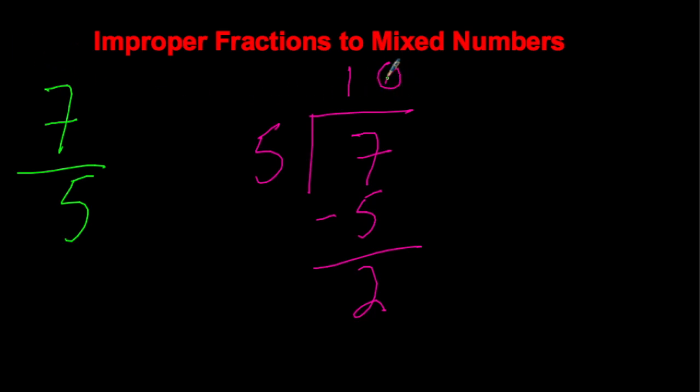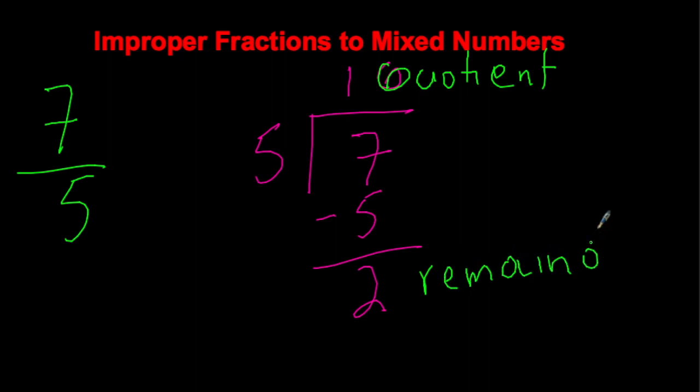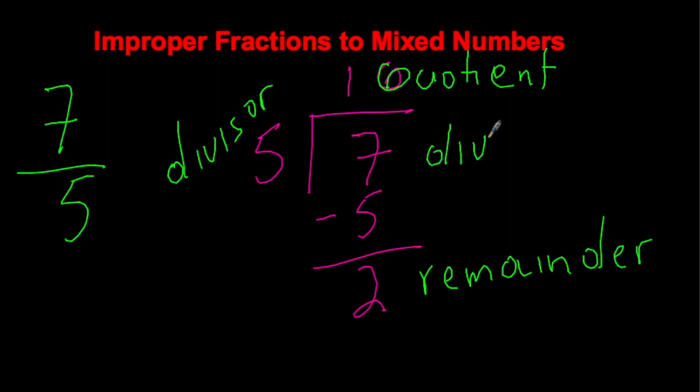Let's change the color. This number is the quotient. This is the remainder. And this is the divisor. And this is the dividend. Okay?